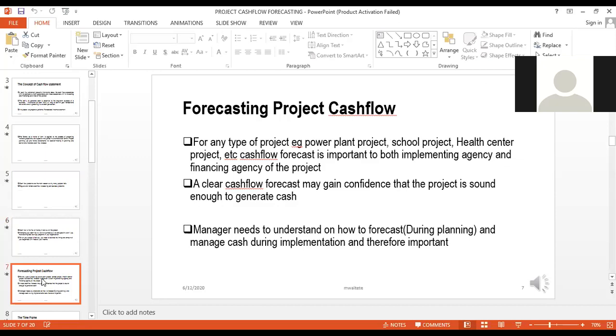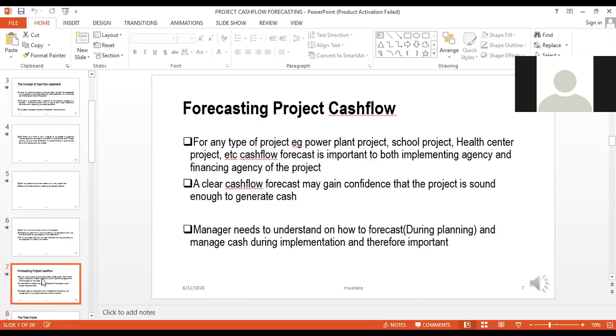So, forecasting cash flow for any type of project, for example, power plant projects, school projects, health center projects, as I said another time, is important to both the implementing agency and the financing agency of the project.